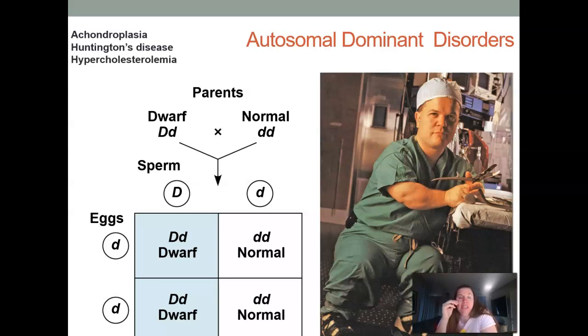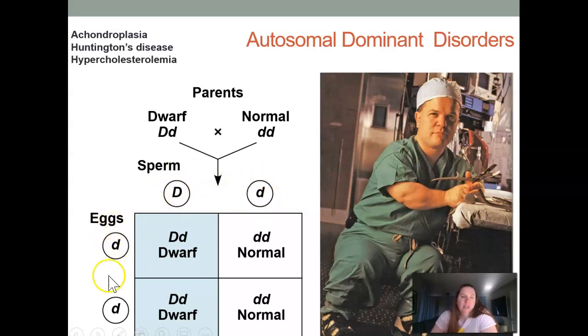Here you can see that we have two parents. One is a dwarf because he is heterozygous for the dominant dwarf allele, and the mother is normal. She is recessive for the dwarfism, or achondroplasia, allele. The sperm is going to contribute either the dominant allele or the recessive allele.